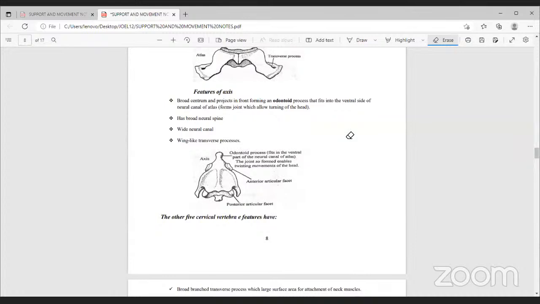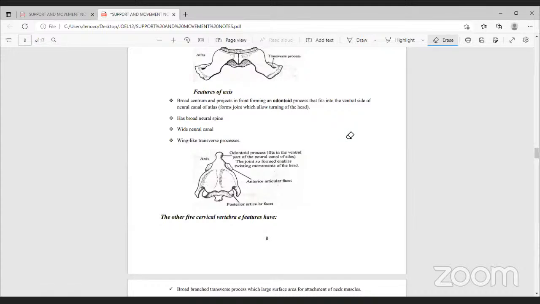That is the axis. This is now after the atlas. The second bone of the cervical vertebrae is the axis. This axis is supposed to join with the atlas to allow for the side-to-side movement of the head, due to formation of a joint between the axis and the atlas.